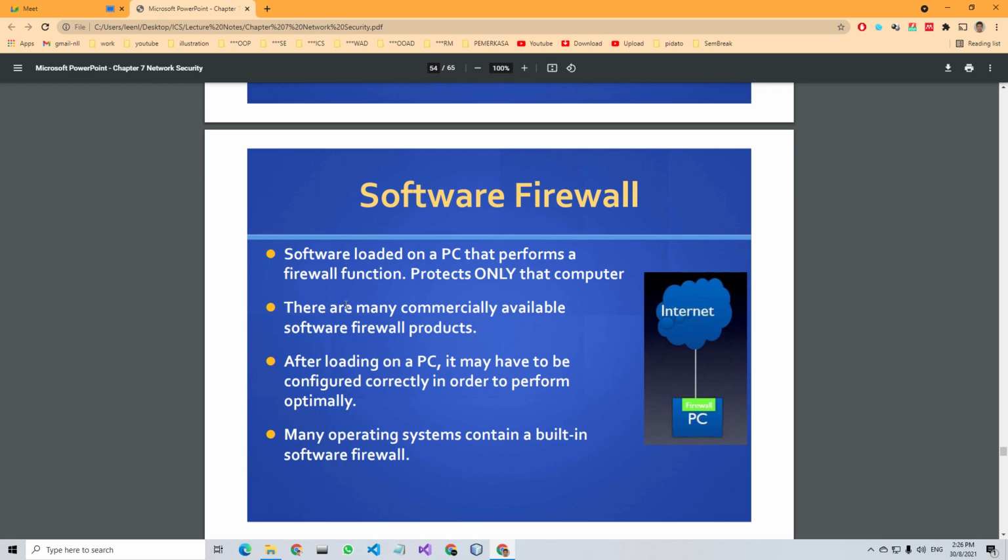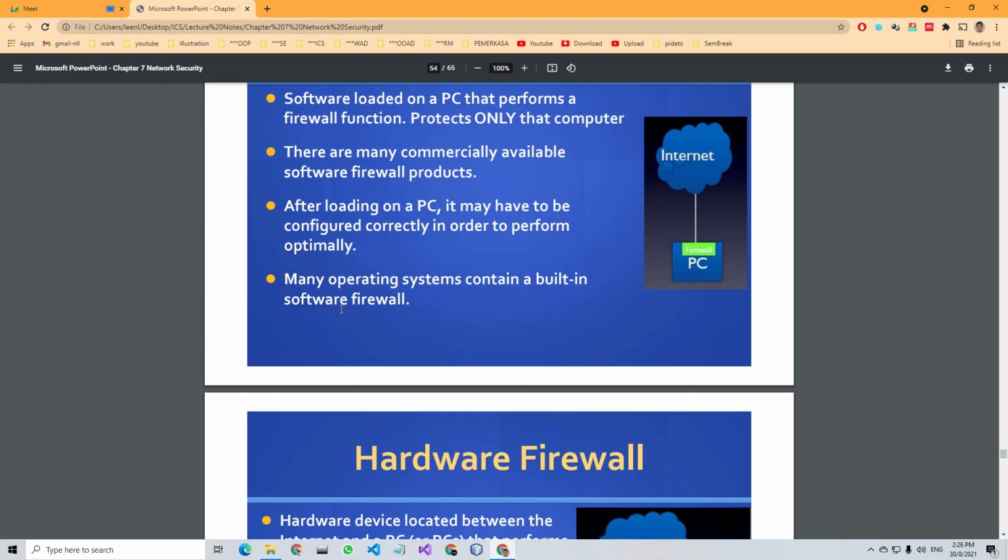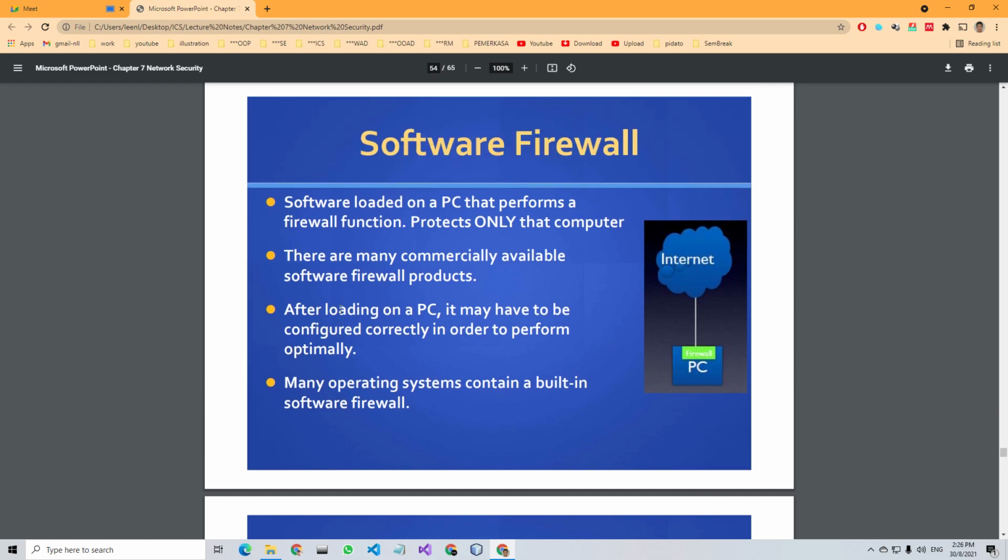There are many commercially available software firewall products and anti-malware nowadays. Some of them include this feature as well. A software firewall might control the behavior of specific applications. For example, it can block access to certain websites or even a printer installed on the network.